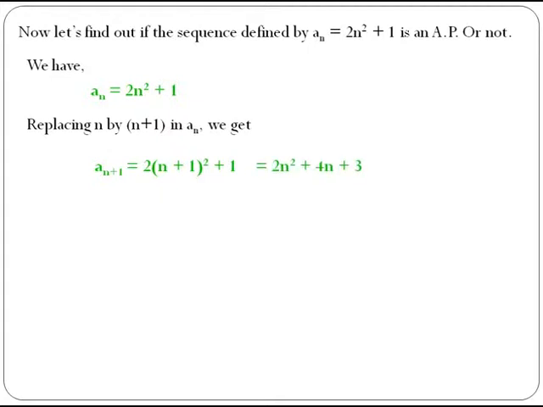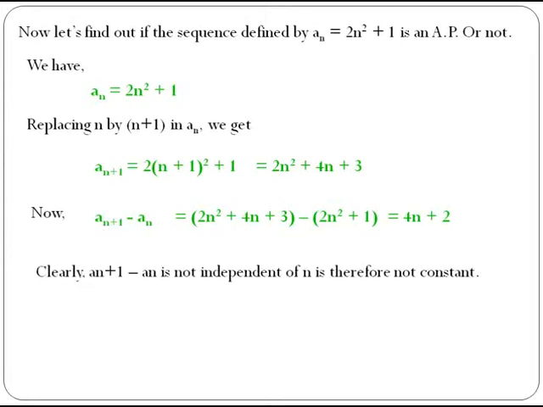Upon expansion, it gives 2n square plus 4n plus 3. Let's take the difference of a(n plus 1) and an. So we get a(n plus 1) minus an equals (2n square plus 4n plus 3) minus (2n square plus 1). That gives you 4n plus 2. Clearly 4n plus 2 is not independent of n and therefore not constant. So this sequence cannot be an arithmetic progression.